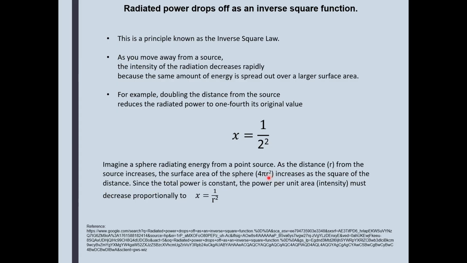You see, that's where the square distance is. Since the total power is constant, the power per unit area, or intensity, must decrease proportionally to that ratio.